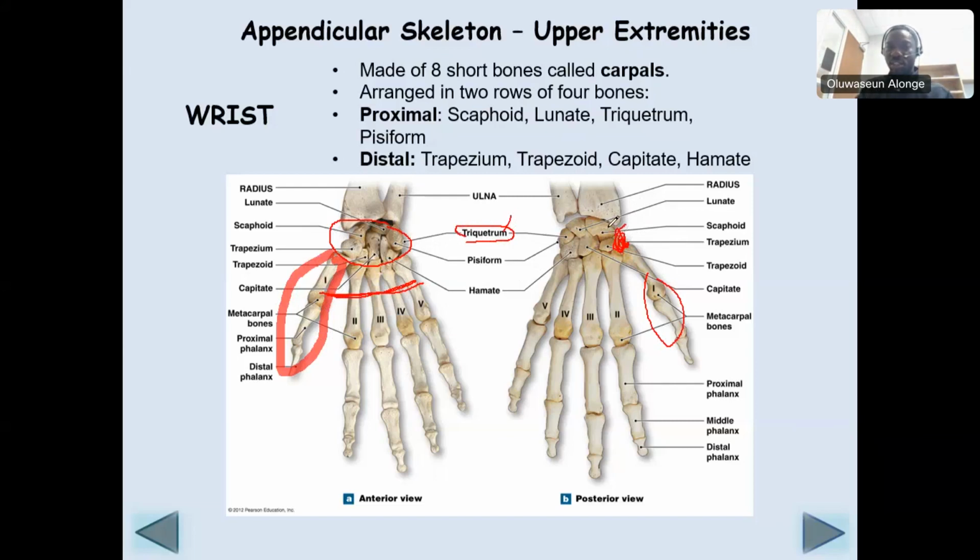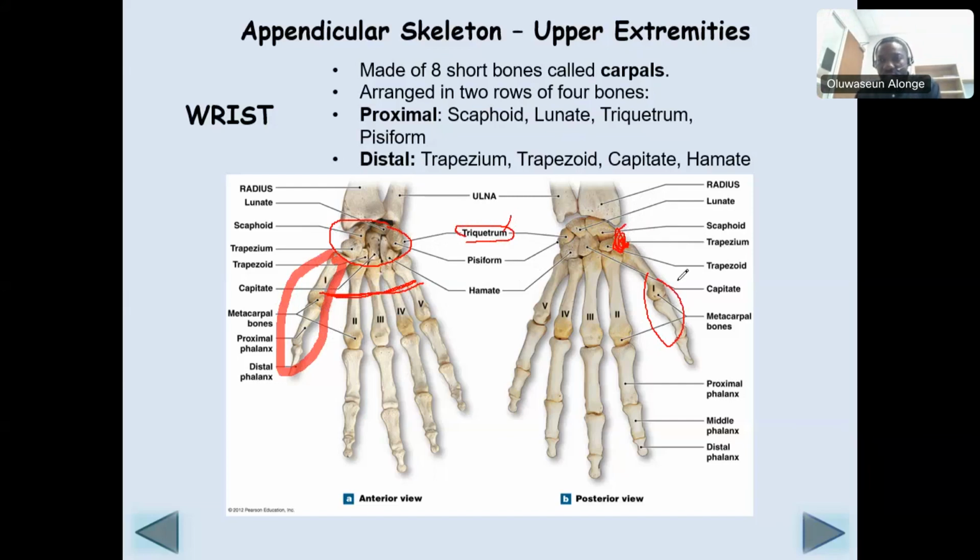Then you have the scaphoid, the lunate here, the triquetrum here. Then right here, you have the hamate, the capitate, and the trapezoid. So you have trapezium, then trapezoid. Those are the bones there.